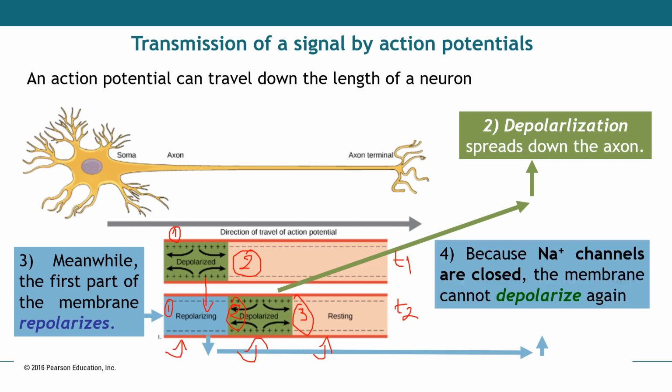This happened because the sodium channels are already closed, so the neuron cannot depolarize again. Now it needs to move forward and start the process of hyperpolarization and refractory period.